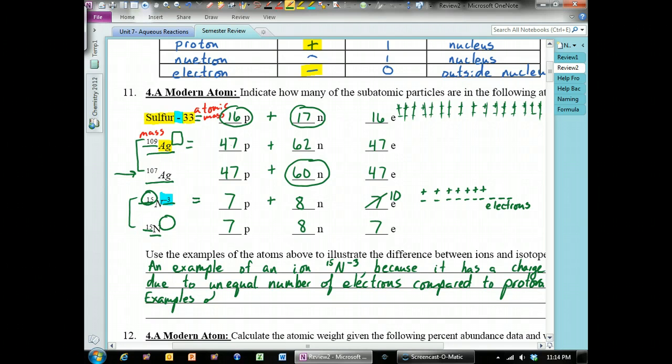Examples of isotopes are silver 107 and silver 109, which have different numbers of neutrons. Now you could also use the 2 nitrogens as an example, but actually not for isotopes, because they both have an atomic mass of 15.